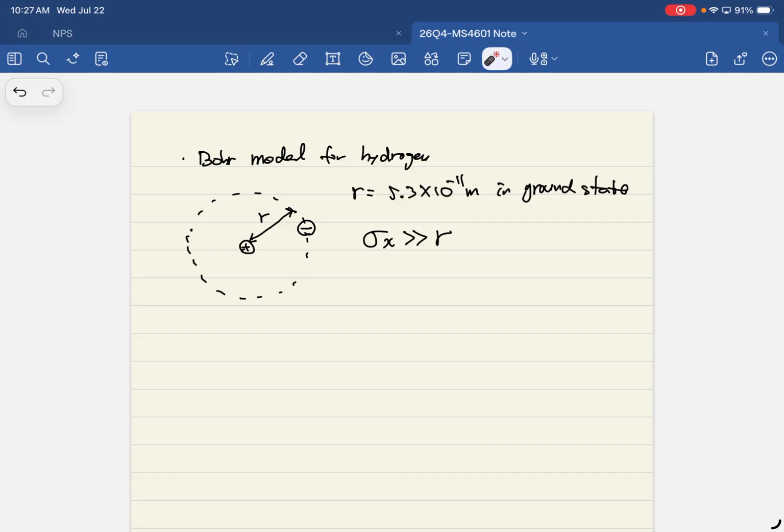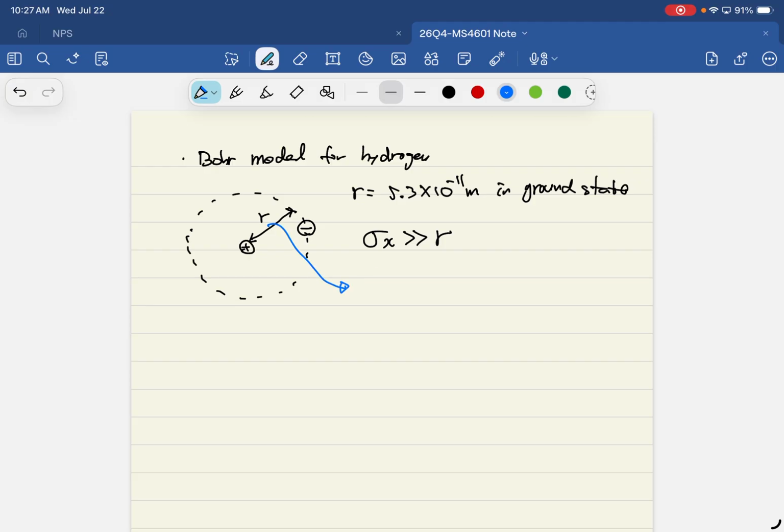It turns out that what Bohr initially suggested was simply the expectation value.